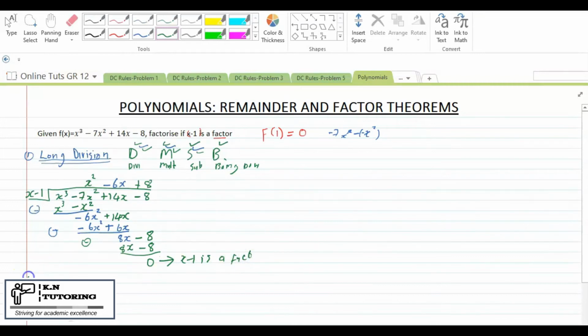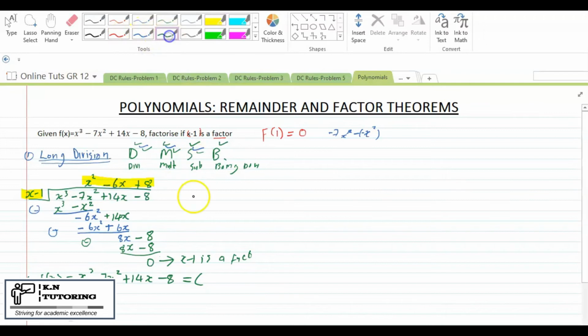Therefore, we can say f of x is equal to x cubed minus 7x squared plus 14x minus 8. This can also be written as, and I want you to look at this, we're going to take this as one factor and this one as another factor.